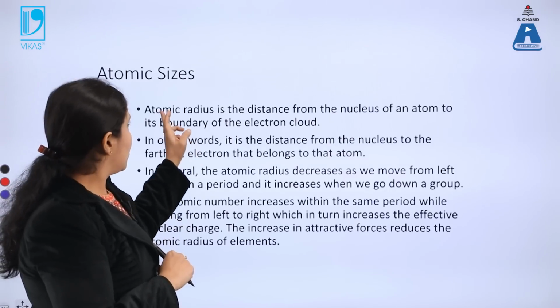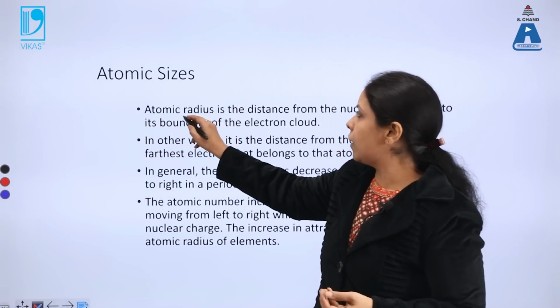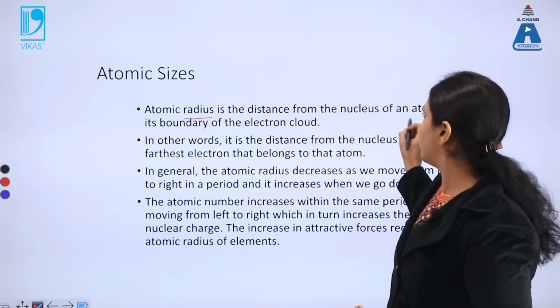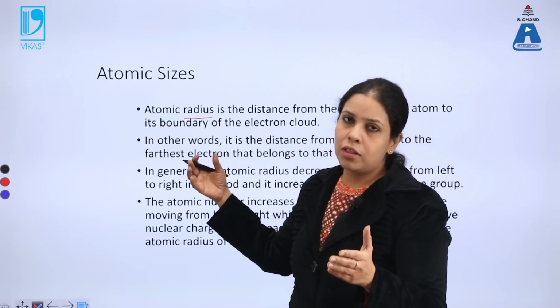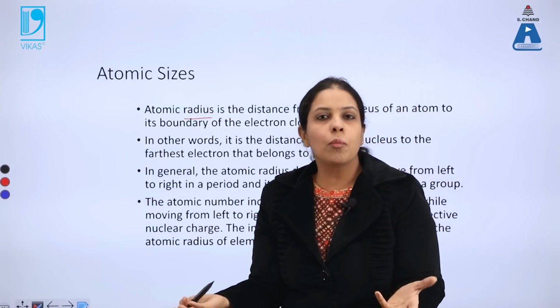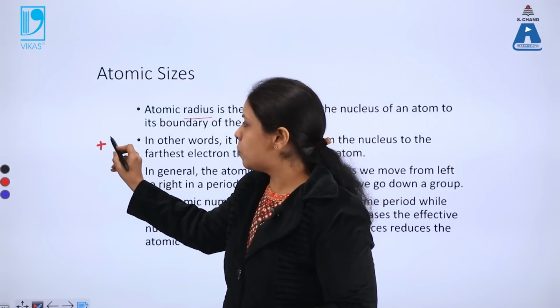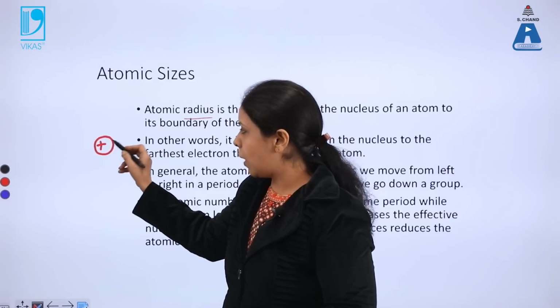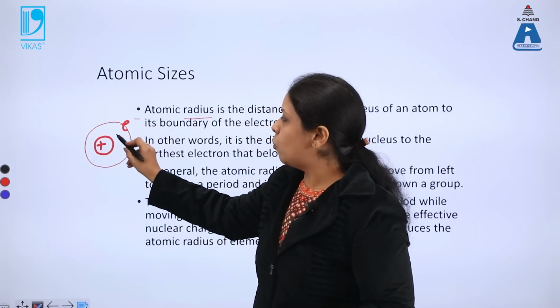So let's start with the first topic, atomic size. Atomic radius or atomic size is the distance from the nucleus of an atom to the boundary of its electron cloud. The position of an electron is not fixed; it depends on the probability of finding the electron. The nucleus is a positive species because of the protons, and electrons are in different orbitals.